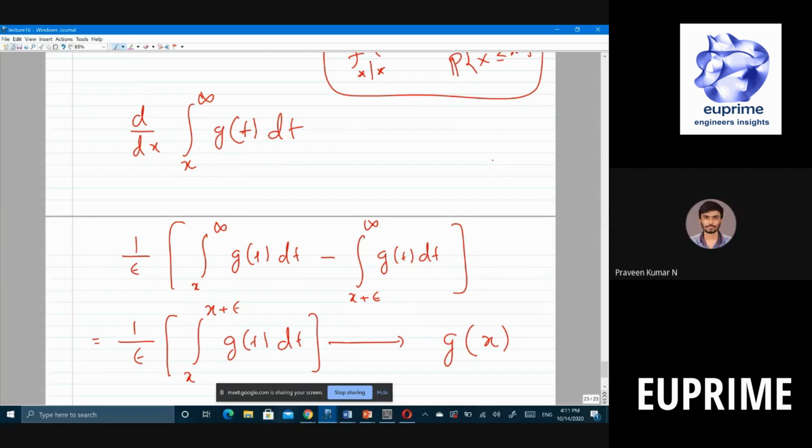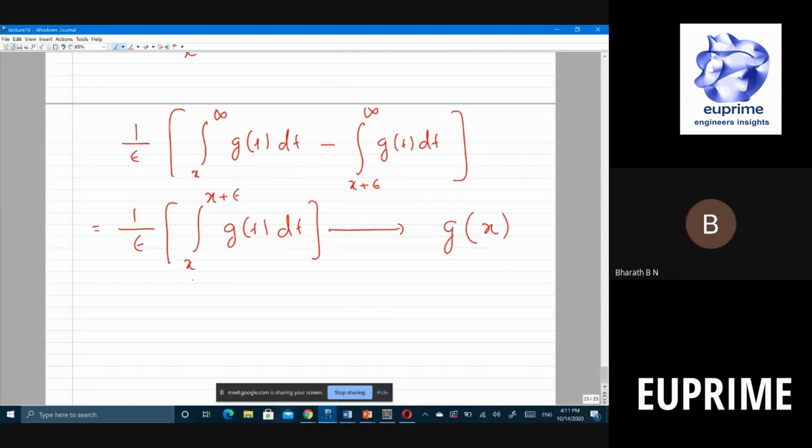When will this go to g of x as epsilon tends to 0? First of all, this integral should exist, and of course it exists. As epsilon goes to 0, the question is whether it goes to g of x or not.